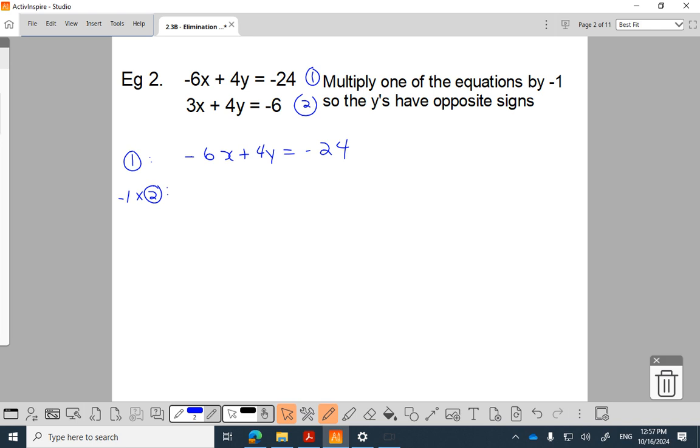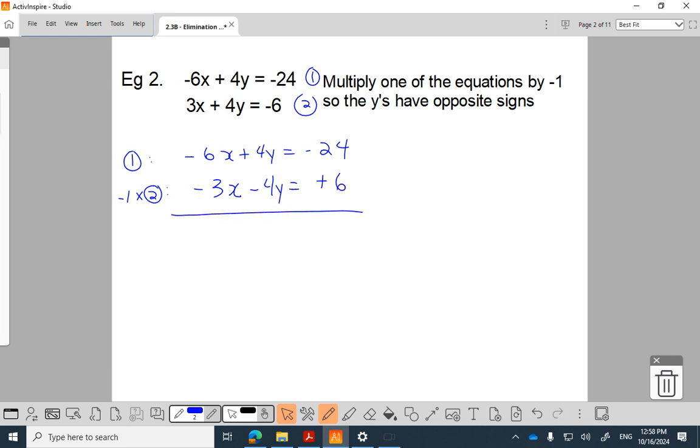You'll get more right answers doing it this way than the way I did it yesterday. If I multiply 3x by negative 1, it becomes negative 3x. If I multiply 4y by negative 1, it becomes negative 4y. And if I multiply negative 6 by negative 1, it becomes positive 6.